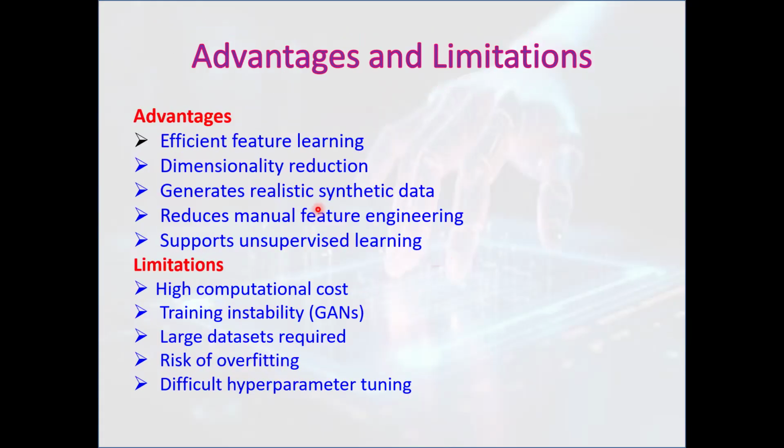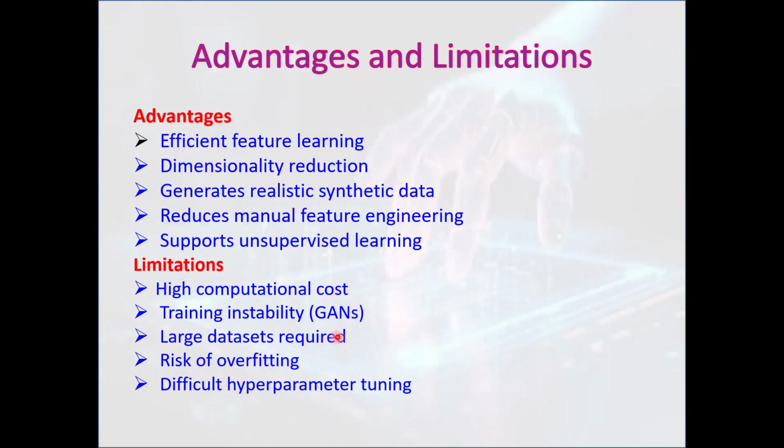So these are all the applications. Now the advantages and limitations. Advantages are efficient feature learning, dimensionality reduction, generating realistic synthetic data, reducing manual feature engineering, and supporting unsupervised learning. And even though it has some advantages, it has limitations also. High computational cost: training deep generative models often requires significant computational resources, memory, and processing power. And training instability: GANs can be difficult to train because the generator and discriminator must remain balanced throughout the learning process.